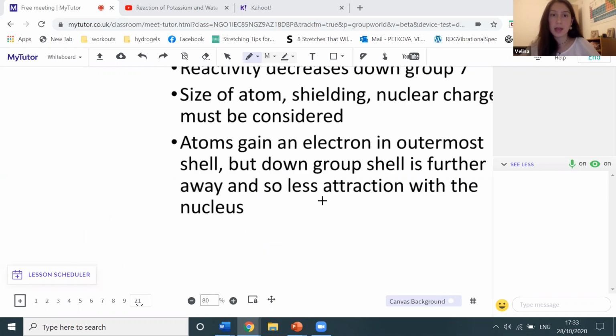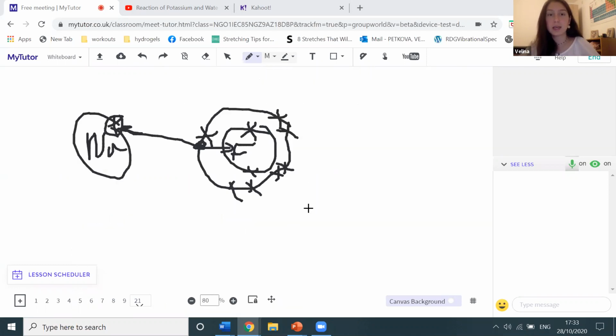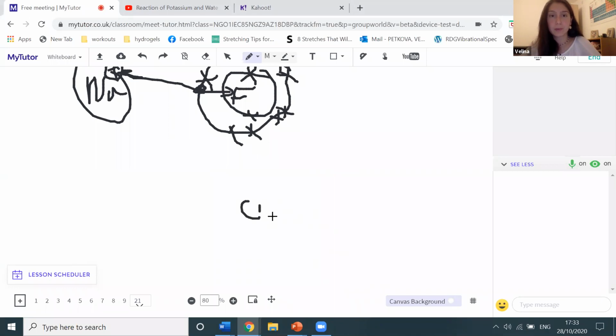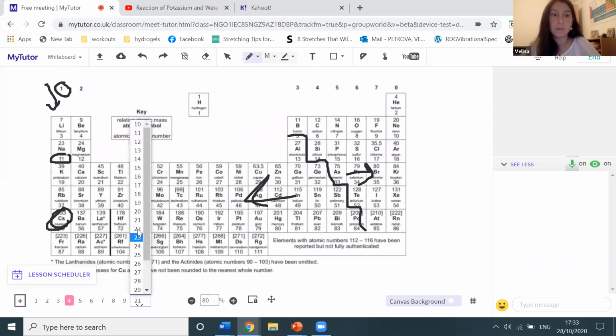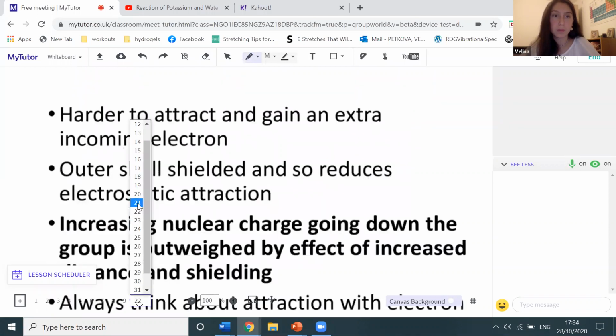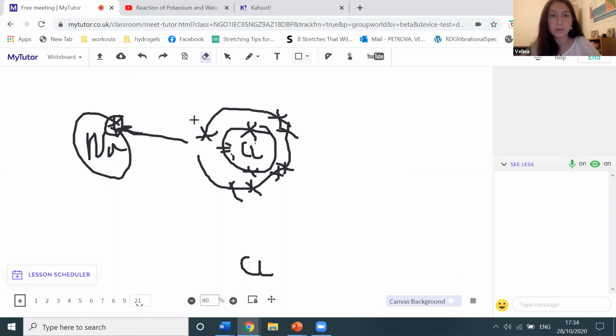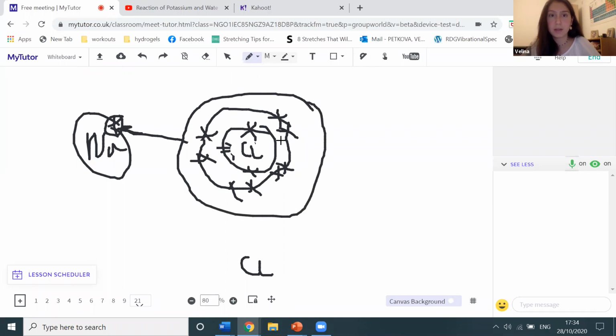So then, think about chlorine. Actually, let's change this diagram to chlorine. What happens with chlorine? It's got 17 electrons, so therefore it's got an extra shell in between.